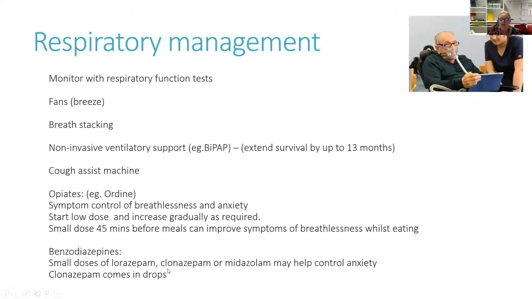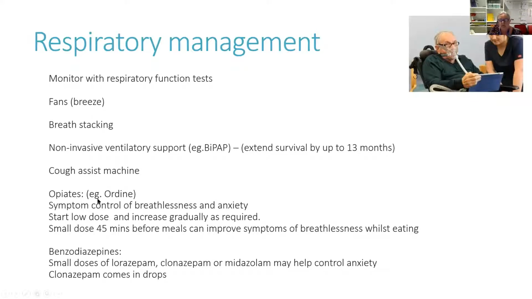One of the benefits of some of these medications is that Ordine is a liquid, so it's much easier to swallow or put through the PEG if needed. Lorazepam can come as a wafer, so it basically dissolves in your mouth. And clonazepam can come in drops as well, so it's something that's easy to take.